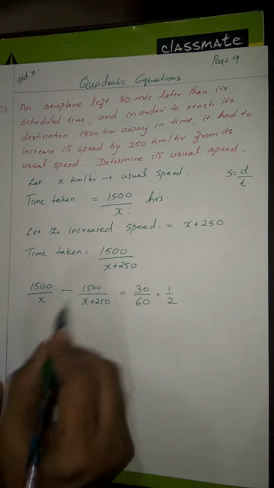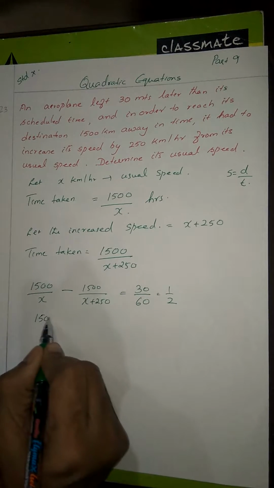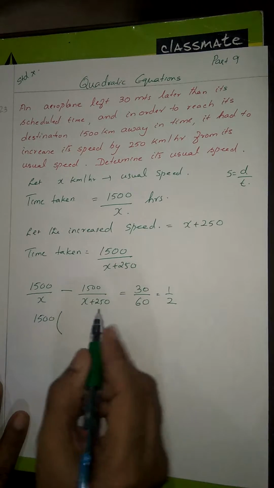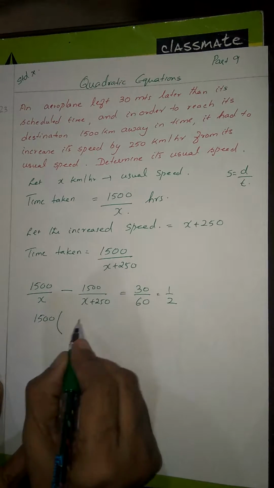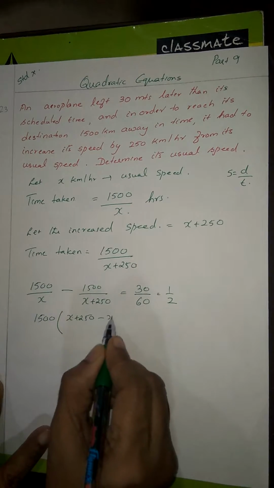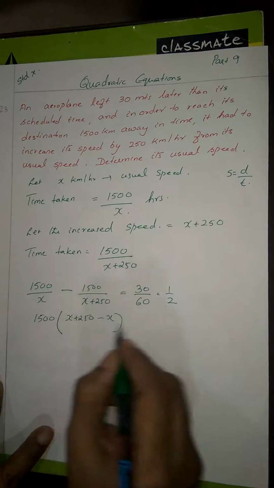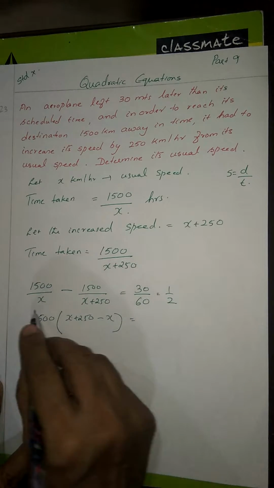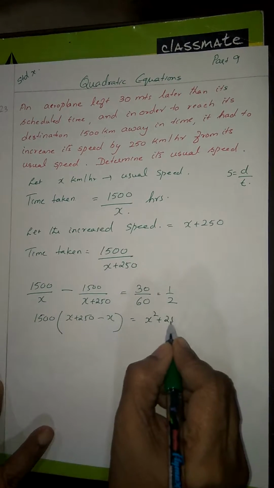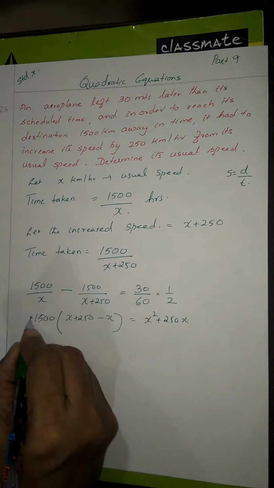So now we will take 1500 out. Taking the LCM, x into x plus 250, it becomes x plus 250 minus x, is equal to, this goes here, x squared plus 250x, and this 2 will also come here.